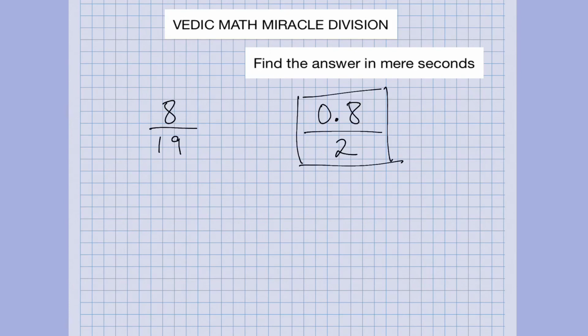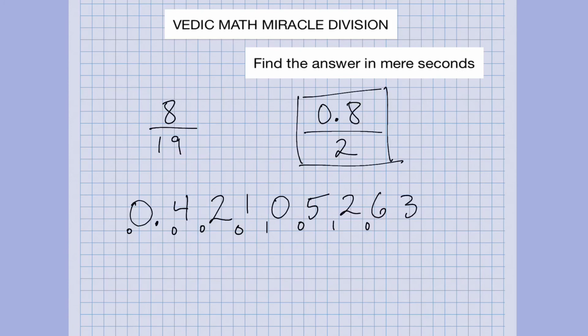So 2 goes into 0 0 times, with 0 left over. 2 goes into 8 4 times, with 0 left over. 2 goes into 4 twice, with 0 left over. 2 goes into 2 once, with 0 left over. 2 goes into 1 0 times, with 1 left over. 2 goes into 10 5 times, with 0 left over. 2 goes into 5 twice, with 1 left over. 2 goes into 12 6 times, with 0 left over. 2 goes into 6 3 times, with 0 left over.